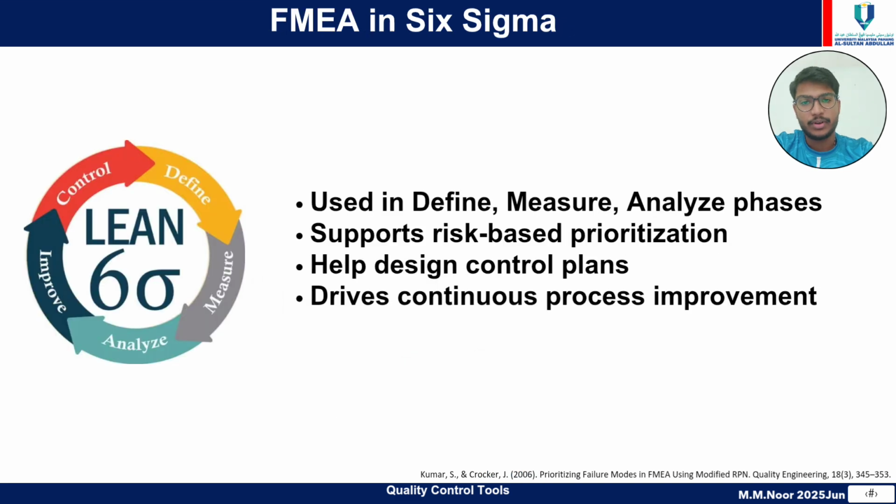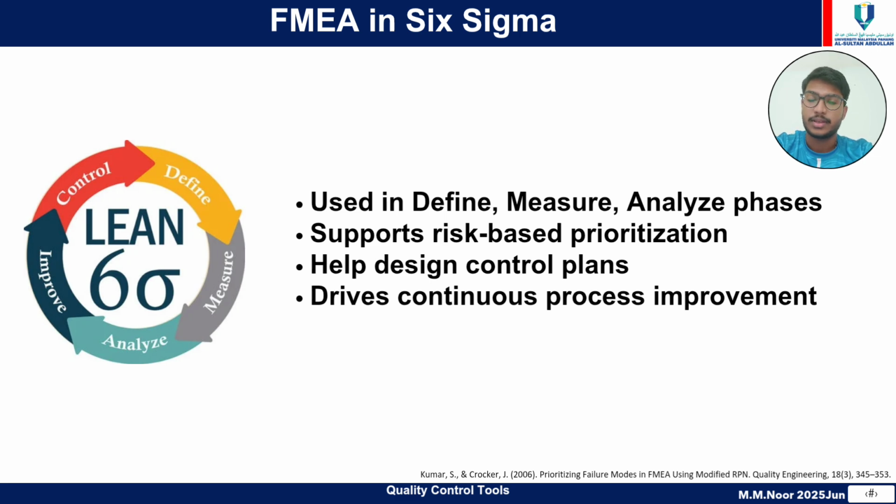As mentioned before, FMEA is integrated into the Six Sigma DMAIC cycle. So in the define phase, FMEA helps identify CTQs, critical to quality aspects, and potential failure points from the customer's perspective. During measure phase, teams use FMEA to evaluate current process performance and highlight where the data is needed.